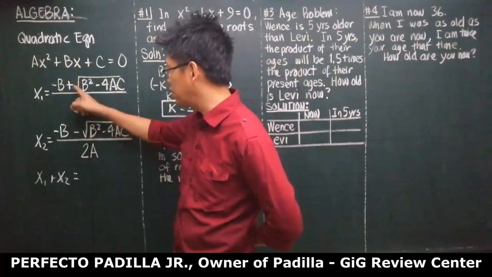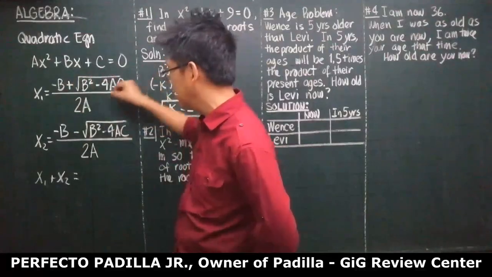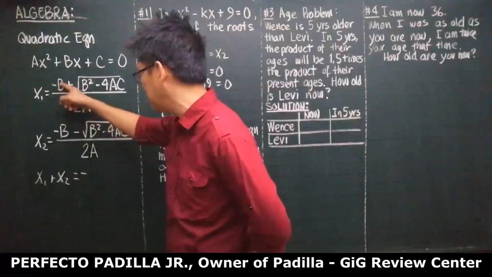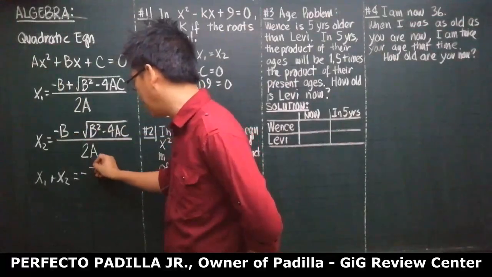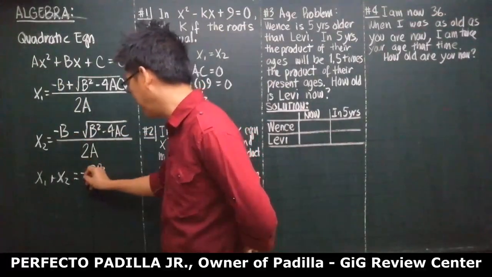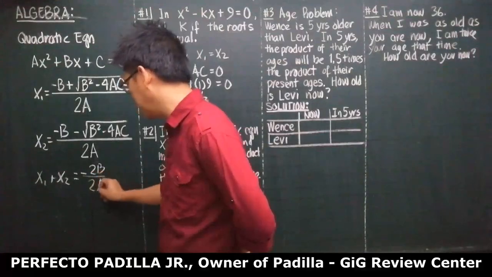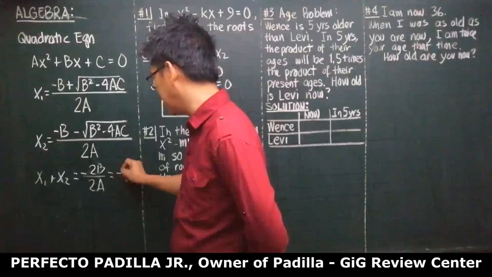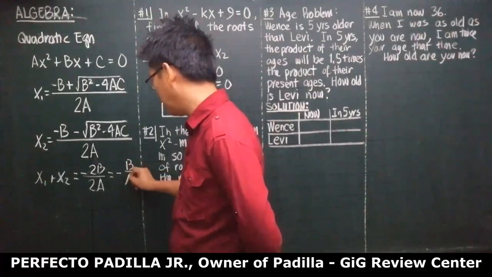This plus and minus, they will cancel out. So what we will have will be minus b plus minus b, minus 2b over 2a. So 2 will cancel, you'll get this as negative b over a.